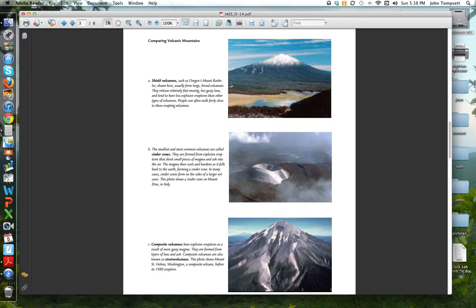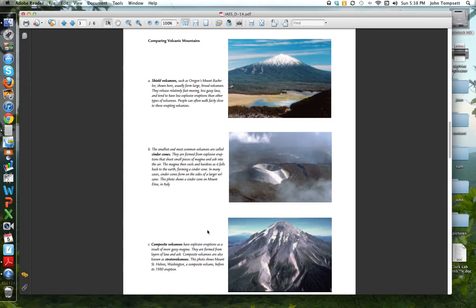In many cases, cinder cones form on the sides of larger volcanoes. This photo shows a cinder cone on Mount Etna in Italy. Again, this is one form of volcanic landform that's created, and you should know the characteristics of a cinder cone.